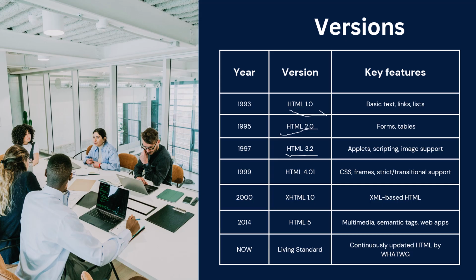Next is XHTML, with stricter rules, in 2000. In the early 2000s, XHTML was introduced, which stands for Extensible Hypertext Markup Language. It combines HTML with XML syntax, making the language stricter.